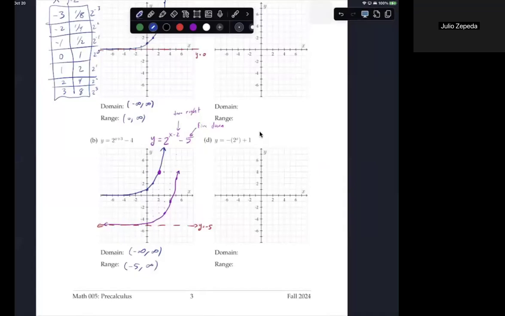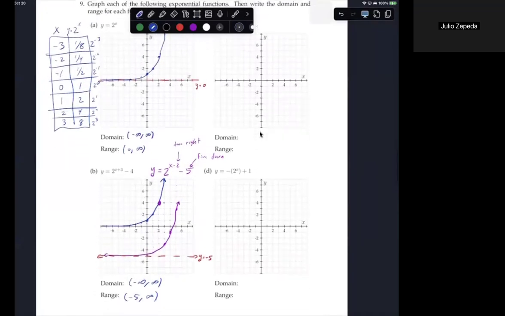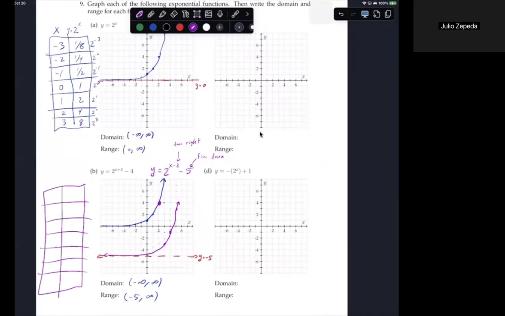Okay, so we could also even apply these transformations of 2 to the right and 5 down to our table. 5 down means I subtract 5 from the y value. So this is the y direction.